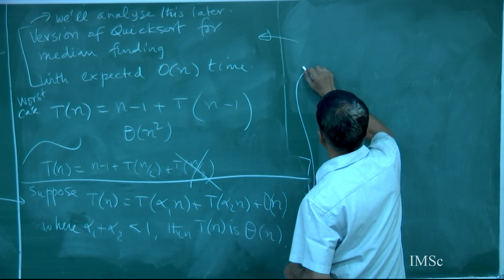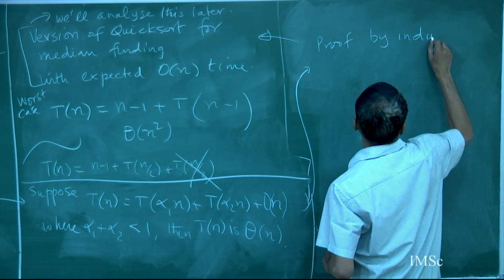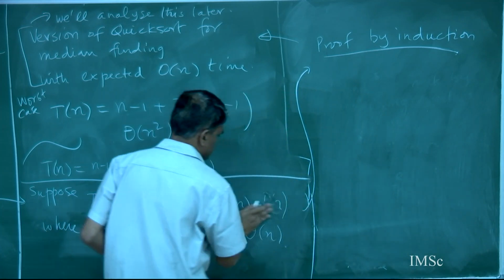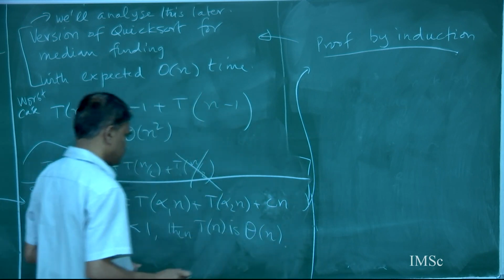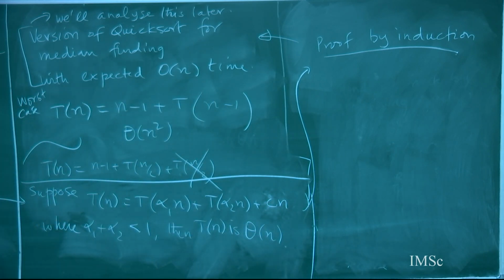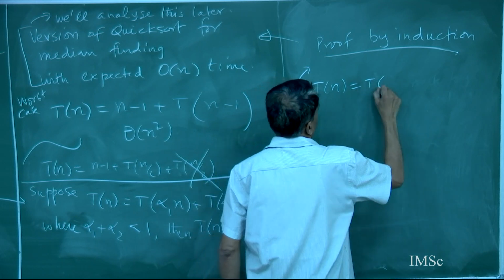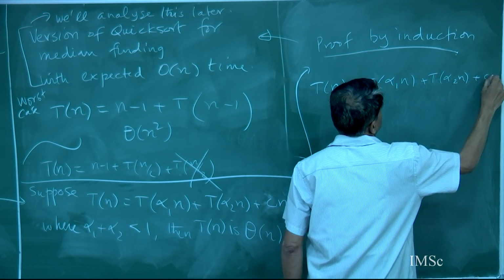Let's say this is some dn or some cn. I now assume it's true for smaller cases, which, depending on the boundary conditions, you can verify. Then what do you want? T of n is T of alpha 1 n plus T of alpha 2 n plus Cn.